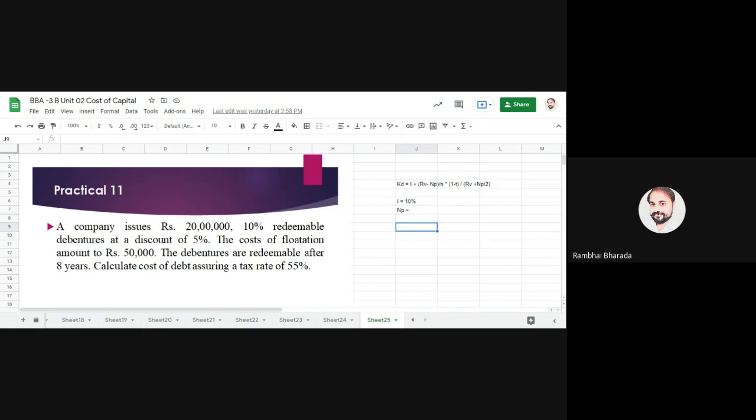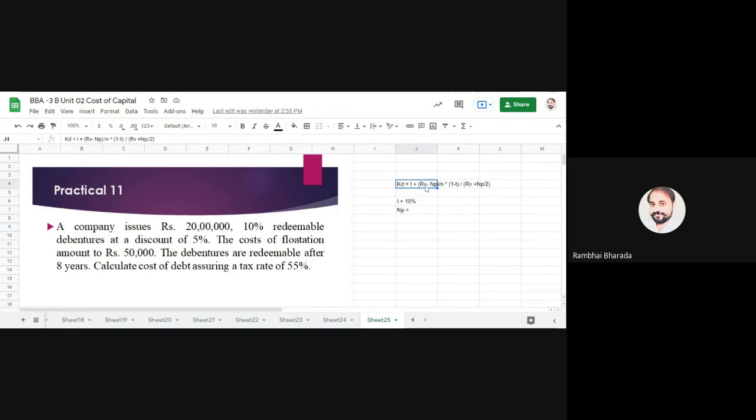Okay. So first, you need to identify the type of question. First, is redeemable there? Yes, it means it is a redeemable. Number two, preferences or debenture? Debentures. It means we need to use the formula for cost of debt, specifically when the debt is issued with a premium or discount and debt is redeemable.